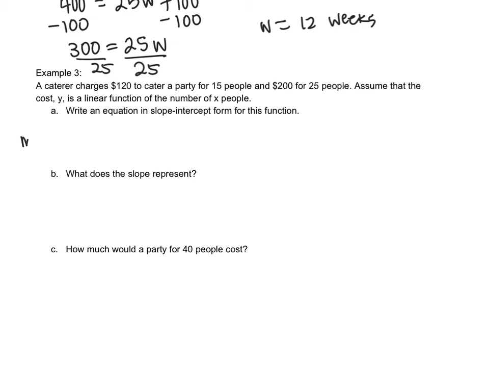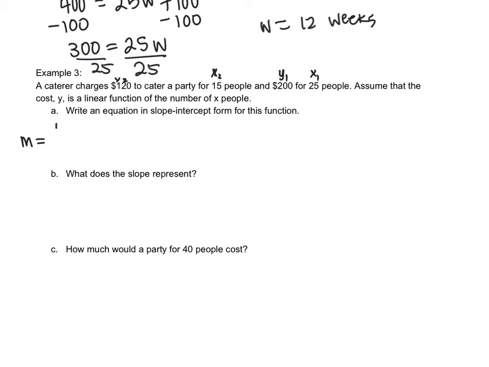So we have to do y2 minus y1 over x2 minus x1. We know the cost is y, so I can do 120 as y2 and 15 as x2, and then 200 will be y1 and 25 is x1.